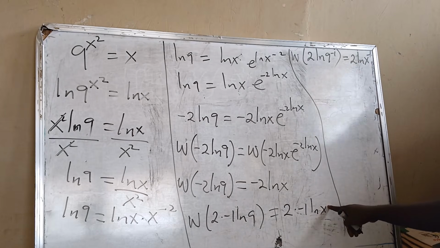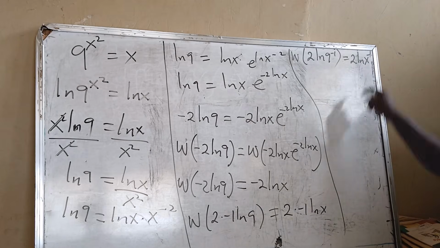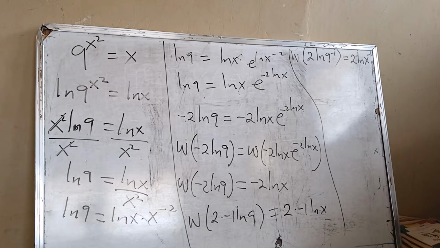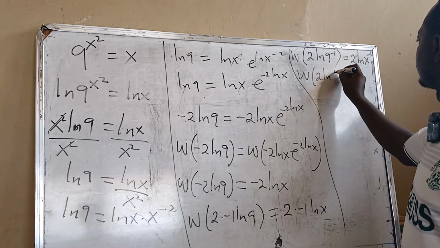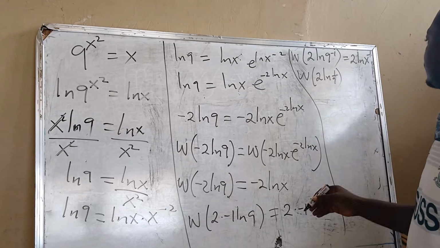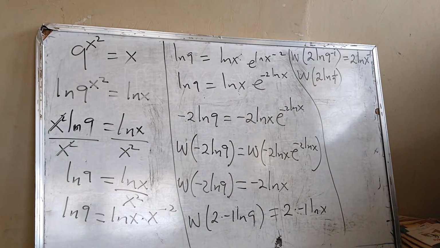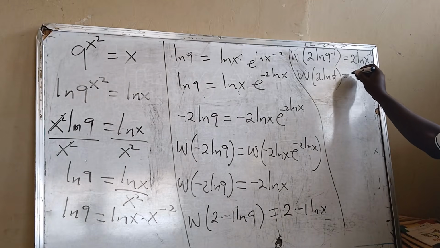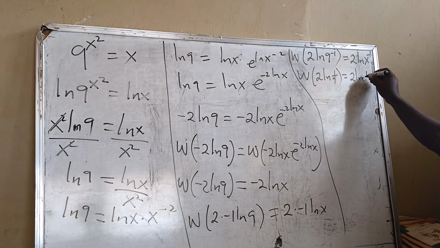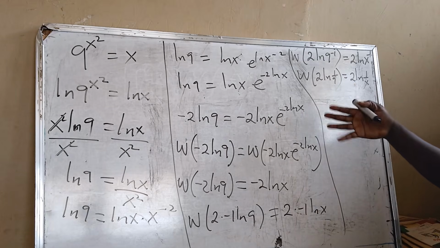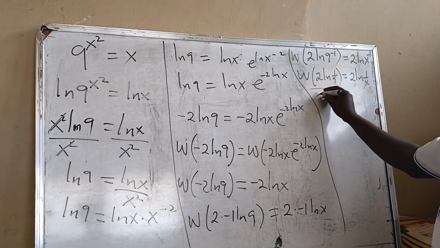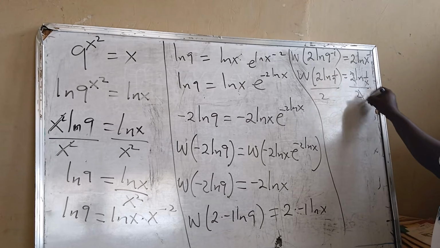So this one has occupied this position per the power rule properties. So we have the W function of 2 ln of 1 over 9, since 9 to the power minus 1 is the same as 1 over 9, equals 2 ln of 1 over x. All right, so from here, we can get rid of these 2 by dividing both sides by 2. So this one will cancel.